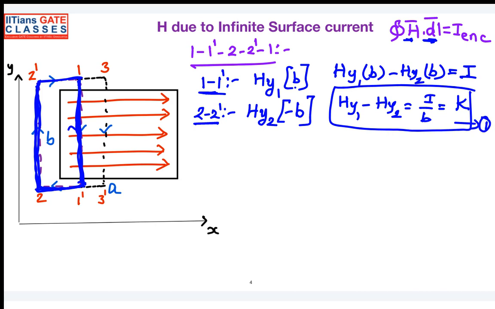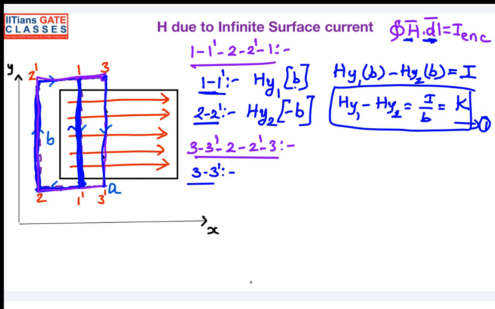Now I will write the same thing by creating the loop 3 prime, 2, 2 prime and again to 3. This time I was going down from here, coming here, and again here. This is the loop I was considering. In the same fashion, when you are moving from 3 to 3 prime, I was assuming the magnetic field will be different from 1 to 1 prime.